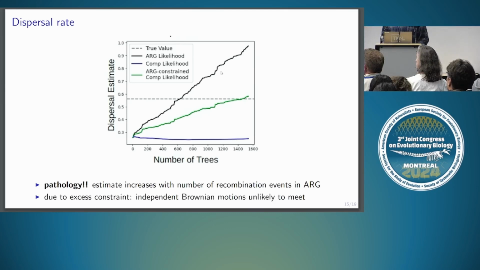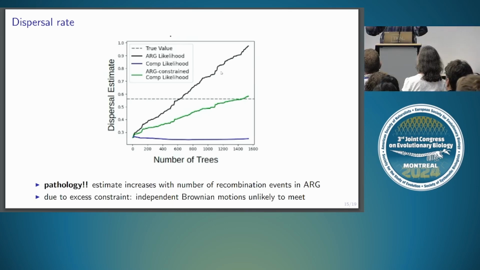And so the issue here is that we have the wrong model of how the spatial process works. We're forcing these Brownian motions to meet precisely, randomly, at a given recombination node. And that's a very unlikely event. And people have known this. This is why more complicated spatial coalescent methods exist that Barton and Etheridge and others have worked on.